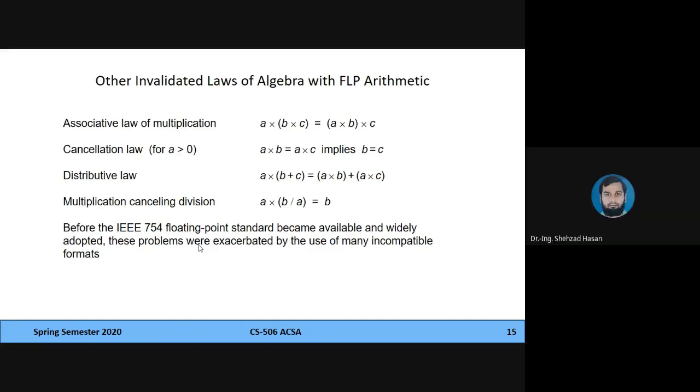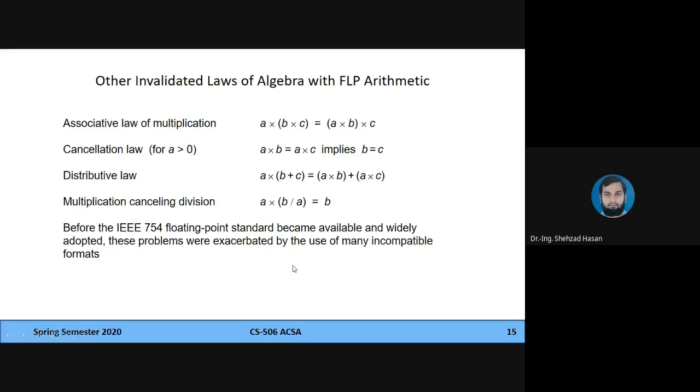That was for the same reason: they were assuming that 1 upon 10 multiplied by 10 is going to give them 1, right? So that's not the case over here. Okay, so the cancellation law is also not there. The distributive law is also not there. Multiplication, cancellation, division, that's also not there, right?